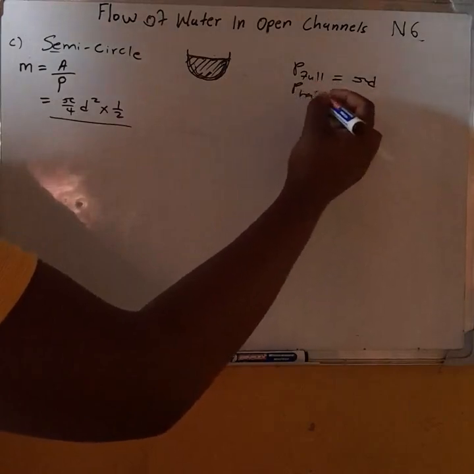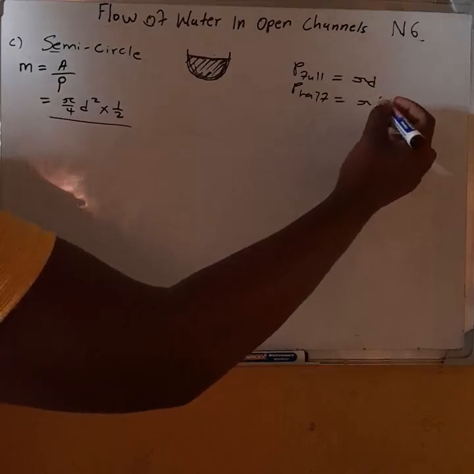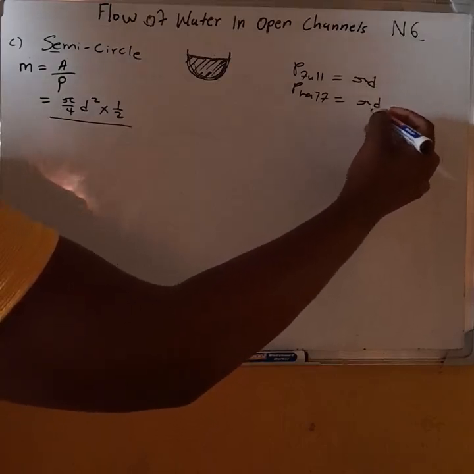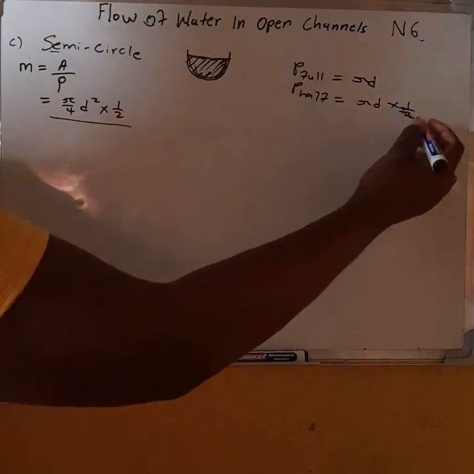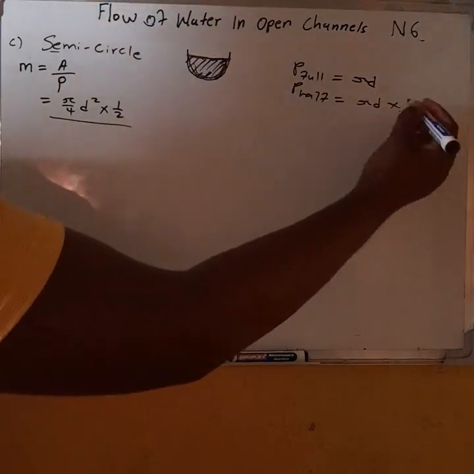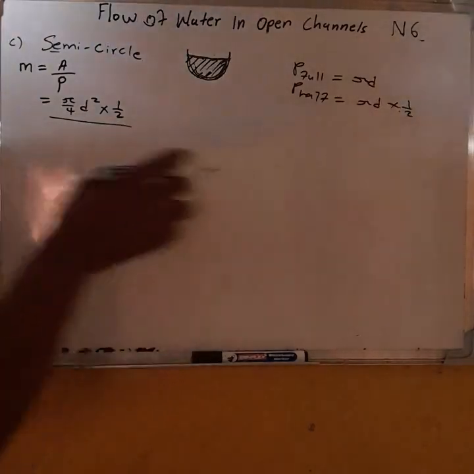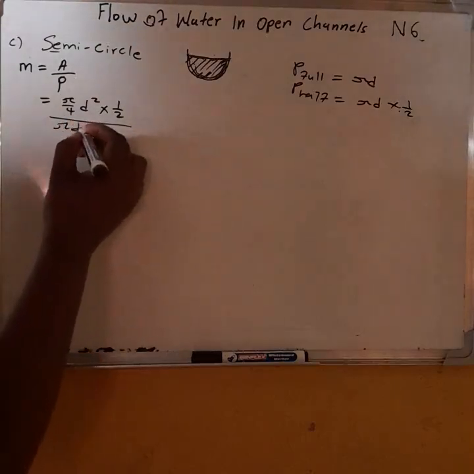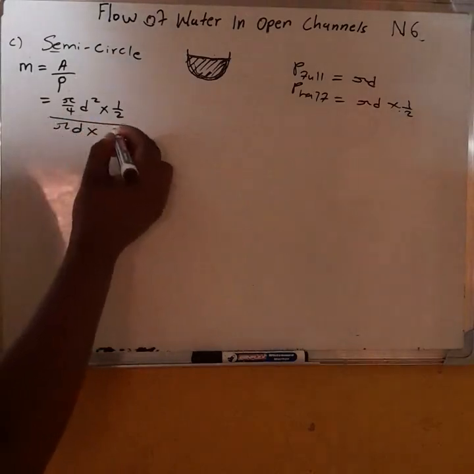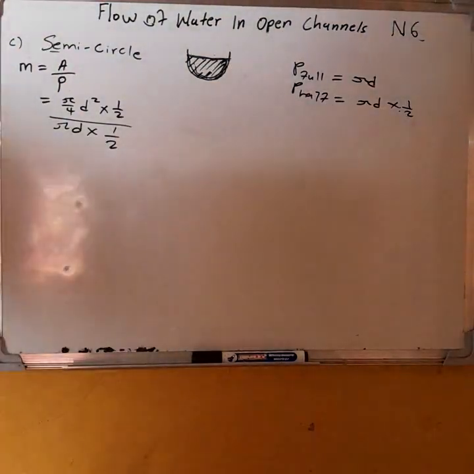P half must be equal to pi d multiplied by 1 over 2, because it's a half.